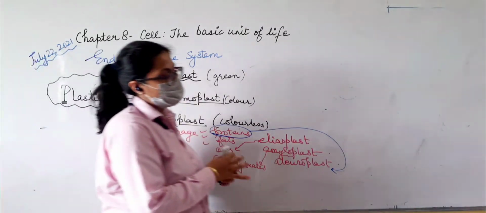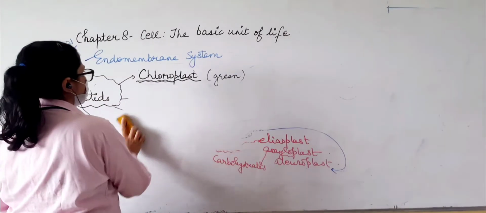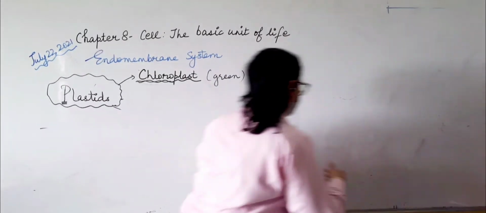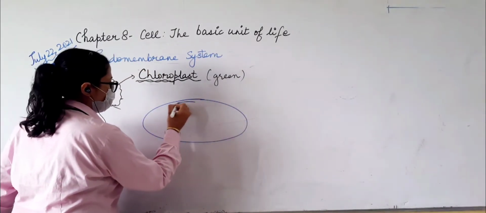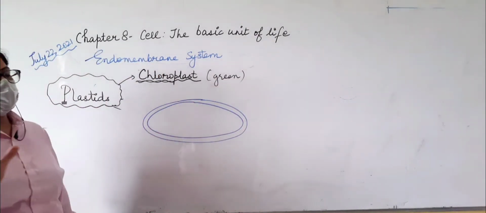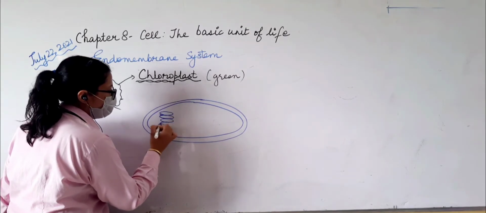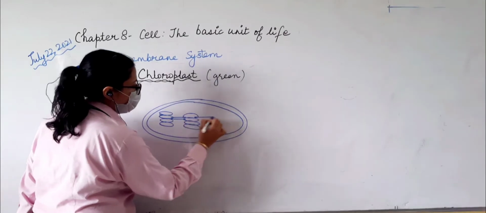Now let us look at the structure of the plastid. Mainly we will over here see the structure of chloroplast, which is present in the leaf. Understand the structure carefully. There are two membranes over here, outer and inner, but here the inner membrane is not folded. Then this stack is there of such round, coin-like appearance.